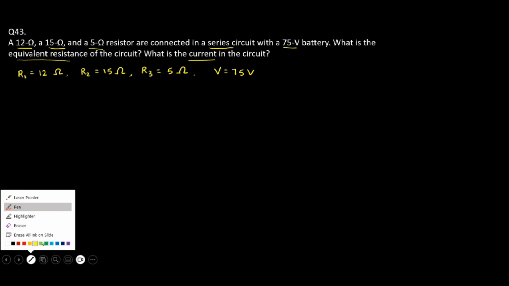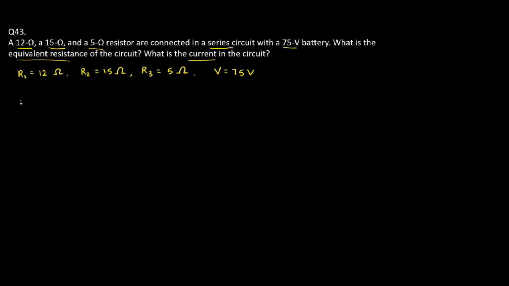I will calculate the equivalent resistance by taking the sum of all the individual resistances. So R equivalent will be R1 plus R2 plus R3, which will be 12 plus 15 plus 5, and that will give me the equivalent resistance as 32 ohms.